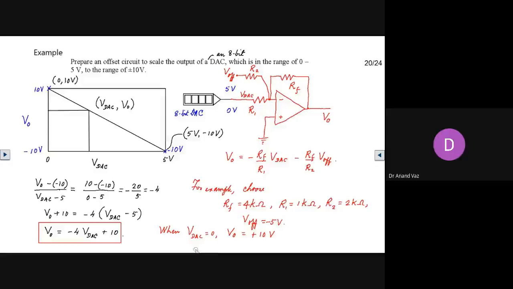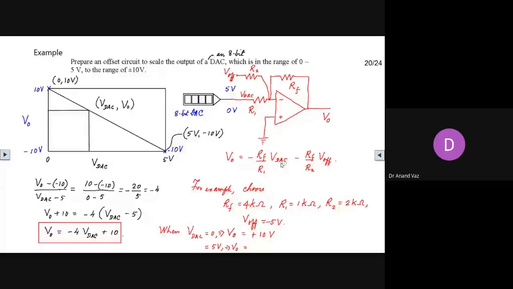And if you try VDAC equal to 5 volts, then the output will be equal to what?